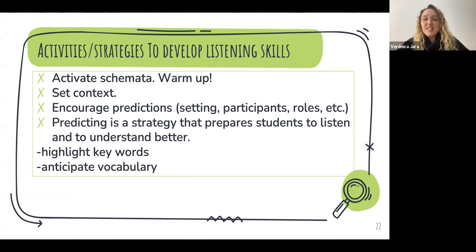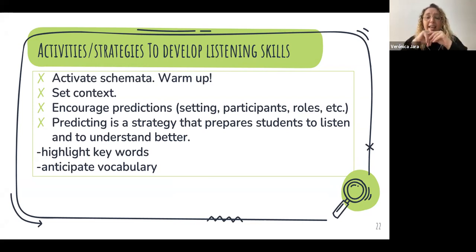What activities or strategies can we use then in the classroom, using the classroom as a lab to develop listening skills? First of all, we should always, as we said earlier, activate schemata, activate this prior knowledge, in a warm-up, so that we can get students ready. We can ease them into the topic of the listening text. Set the context.